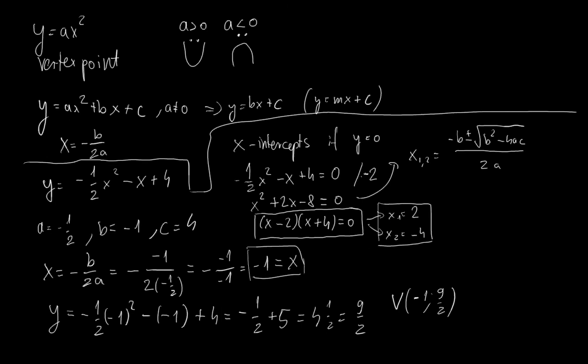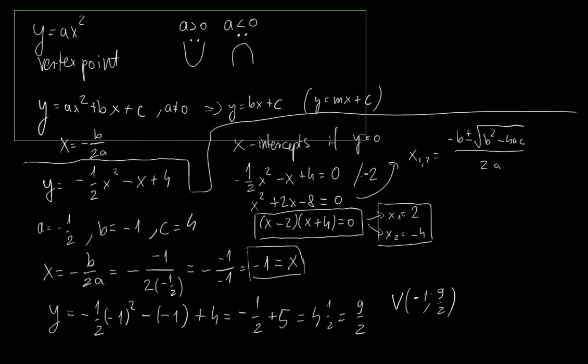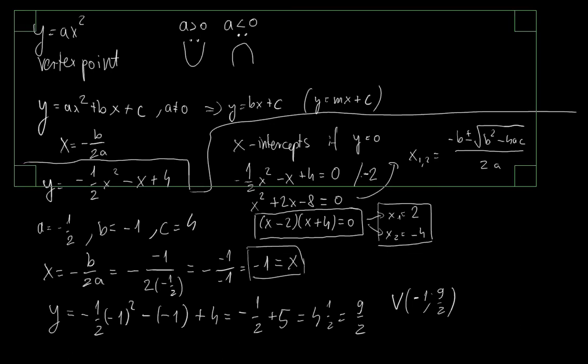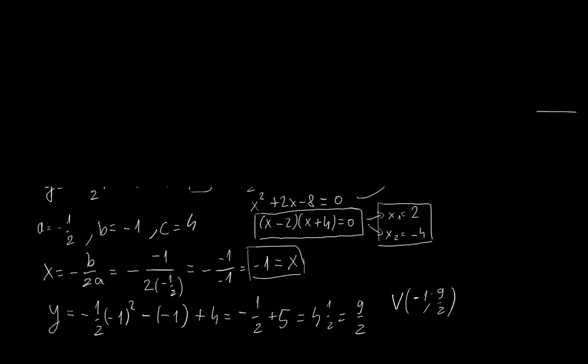So these are the two x-intercept coordinates. Now let's sketch up the parabola, and I need some more space for it. That is going to be enough, I guess.